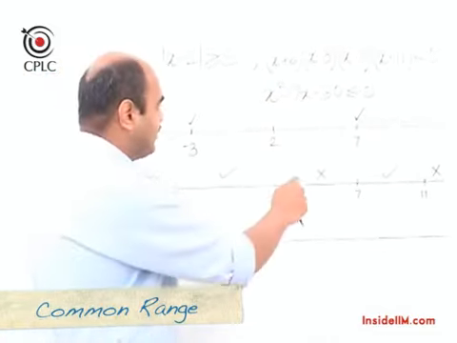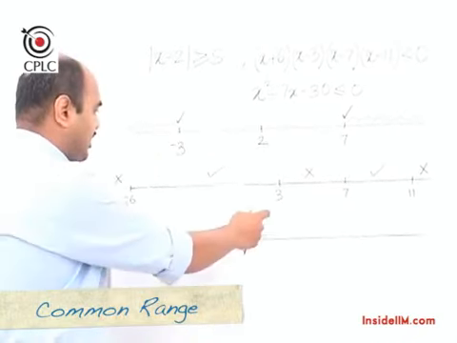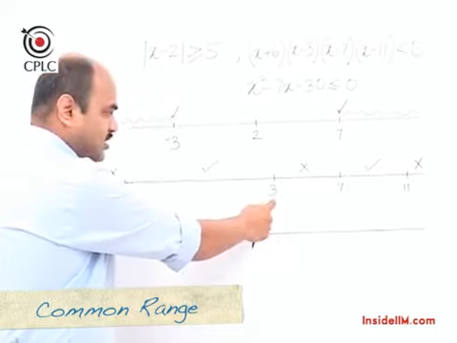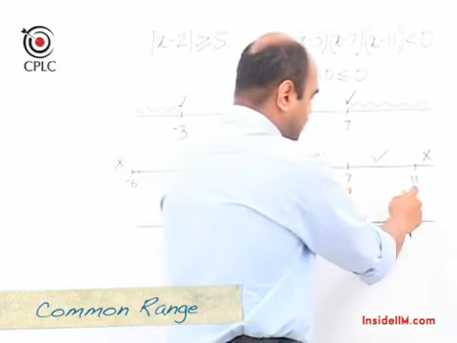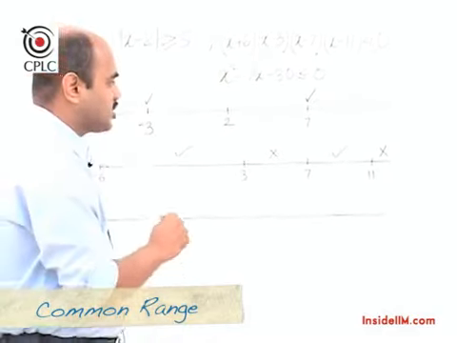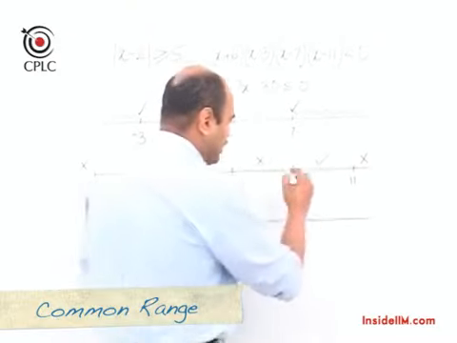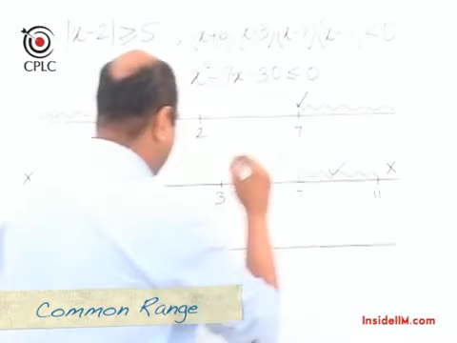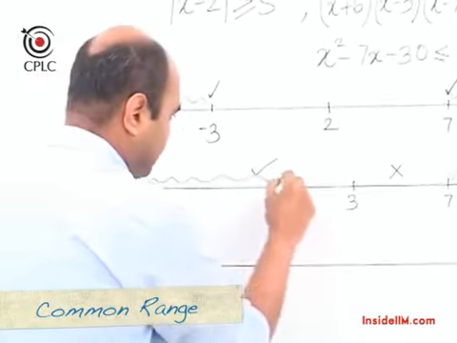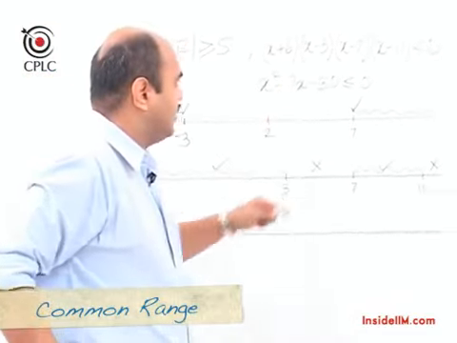So if I look at this inequation of degree 4, my solution would be x between -6 and 3 and x between 7 and 11. We are not writing that down just now because we are still looking for a common range. So here the range would be 7 to 11 and -6 to 3. This would be the range for the second inequation.